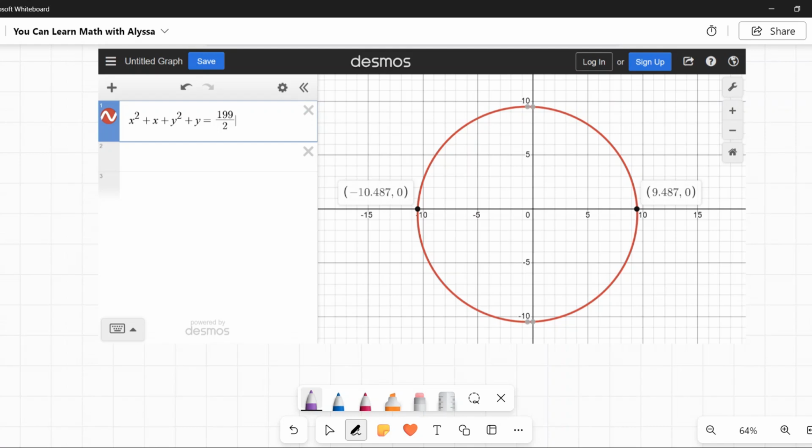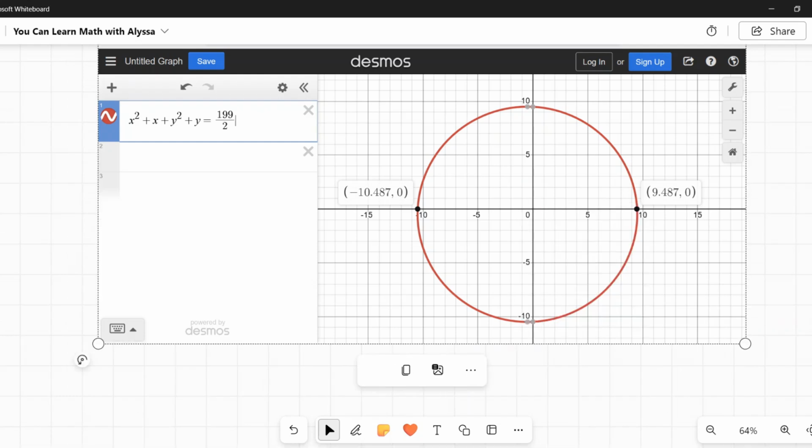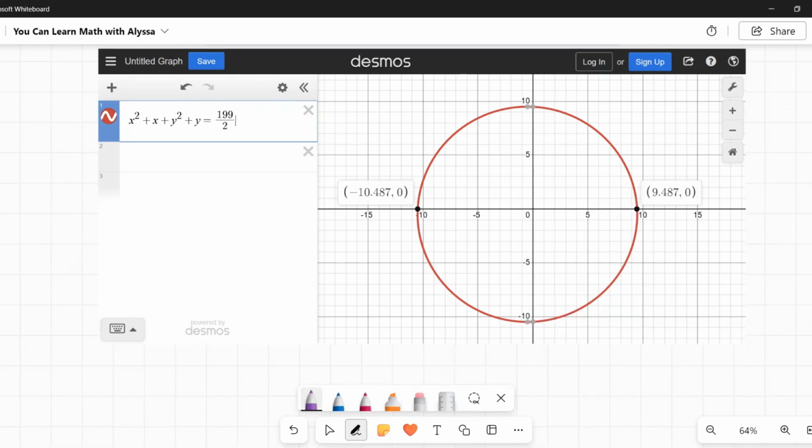If you can use it and use it accurately and get the right answer, that's great. Awesome, go for it. But I'm not recommending it to everyone, because this particular circle is not centered at the origin. It is centered at negative 0.5, negative 0.5 right there.